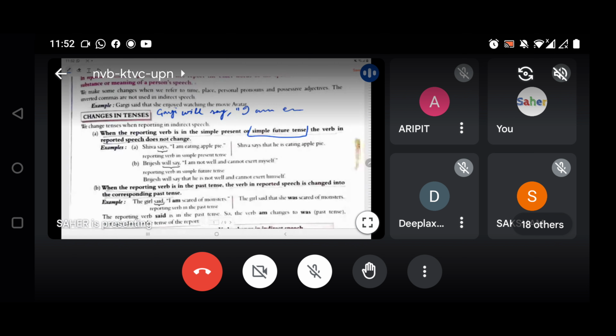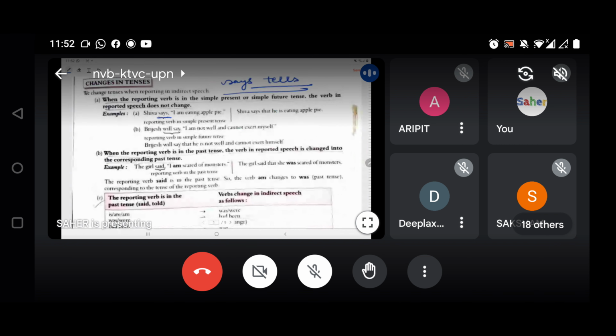This is how you are going to change. So the reporting verb will not change. Say or says or tells is going to be the same in all the sentences. It will not be changed. For example, here it says or will say. So here, when you see the reporting verb, says that or will say that, isn't it?